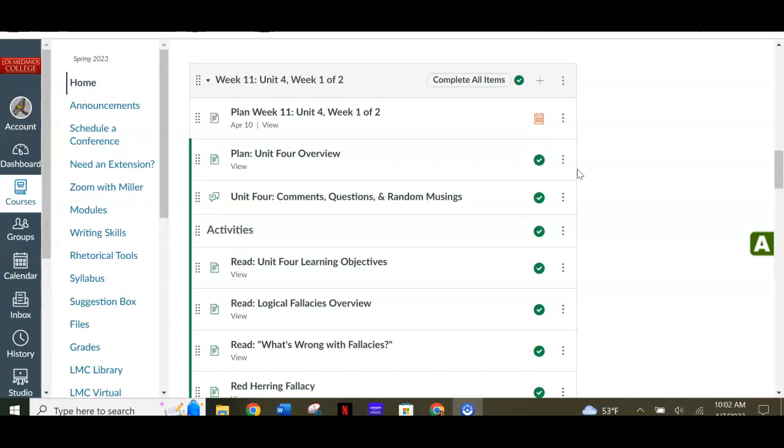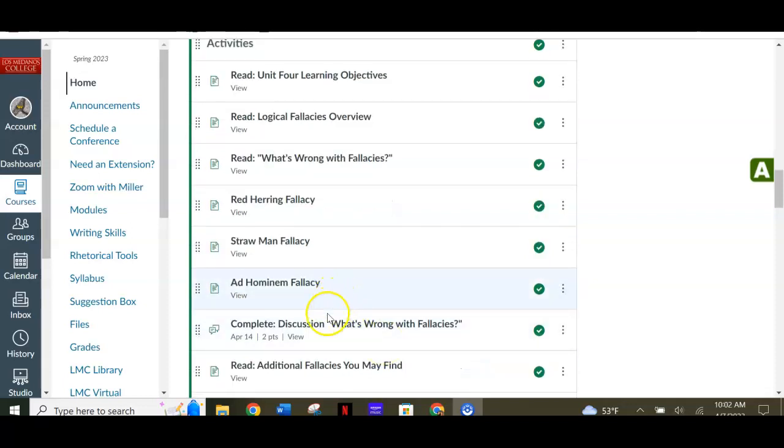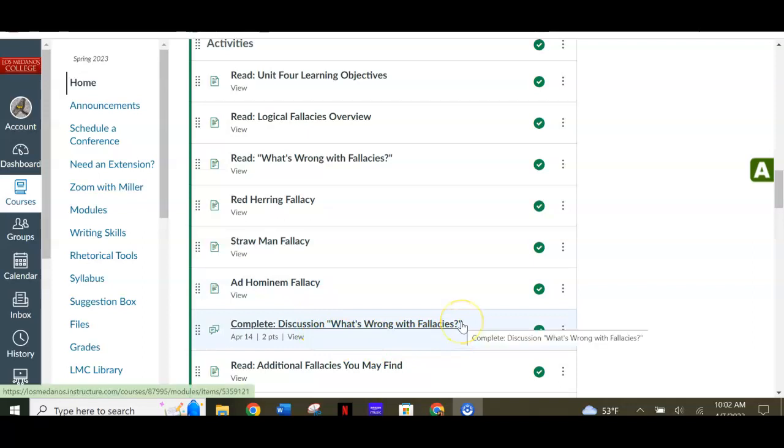So this week your focus is going to be on learning what a logical fallacy is and what is potentially wrong with them. For our study this week, we're really only focusing on 3 primary fallacies: red herring, straw man, and ad hominem. And we're applying those to the presidential debate from 2016 featuring Hillary Clinton and Donald Trump.